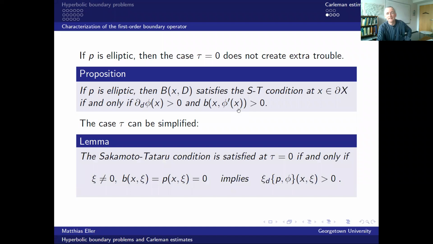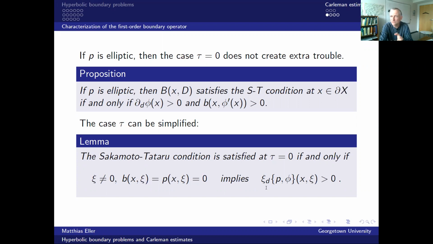Now, the case tau equals 0, which I showed you only briefly, fortunately, one managed just to simplify it and write it actually rather neatly. The Sakamoto-Tataru condition at tau equals 0 is satisfied if and only if, at a point where both the symbol of the boundary condition and the operator are 0, they imply a condition on the Poisson bracket, pre-multiplied by the normal derivative.